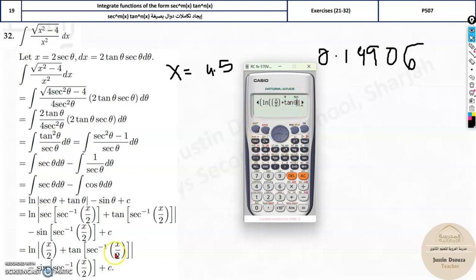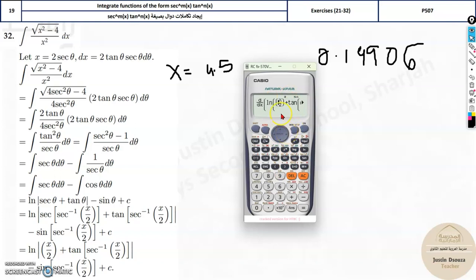But now remember, you're dealing with secant inverse, not 1 by, it is cos inverse. Now use 1 divided by whatever is there. It is alpha x again divided by 2. Now close the bracket properly. And that's for this degree. Now even close the tan bracket and then also close the natural logarithm bracket.